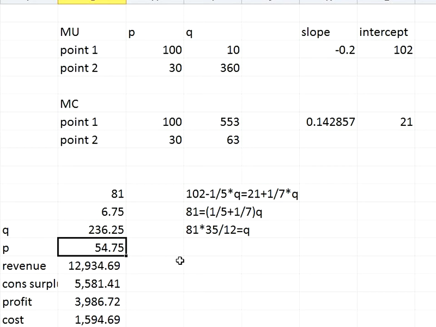Therefore, the area for the revenue is P times Q. We get P times Q of 12,934, and the consumer surplus is going to be the region above the revenue, in the triangle. We can compute that as the area of the triangle, and that would be, well, the height of the triangle.